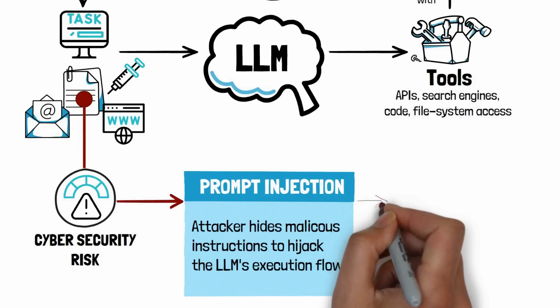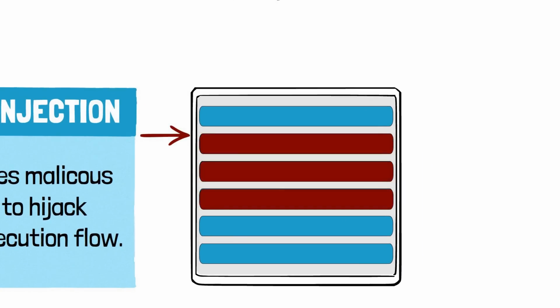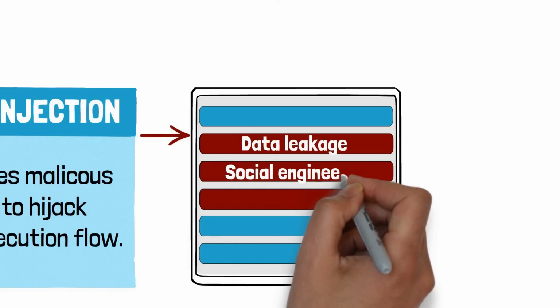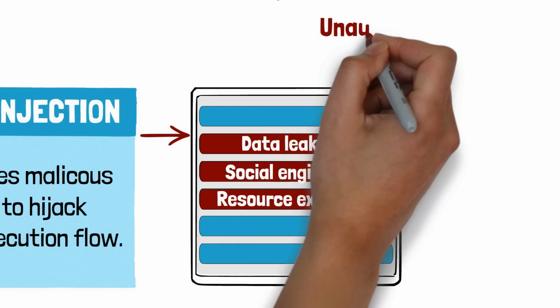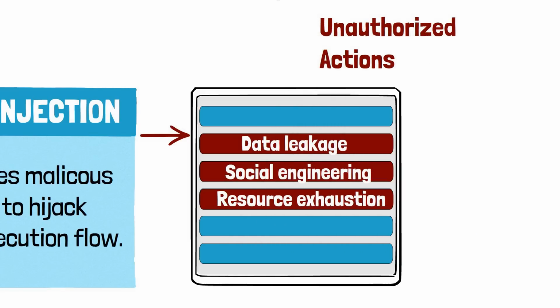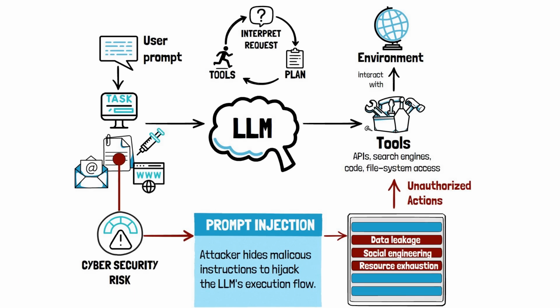That lets the attacker influence parts of the model's output. Depending on what the agent can do, this might lead to things like leaking sensitive data, social engineering, exhausting system resources, or even triggering unwanted and unauthorized actions, especially if tool use isn't tightly controlled.